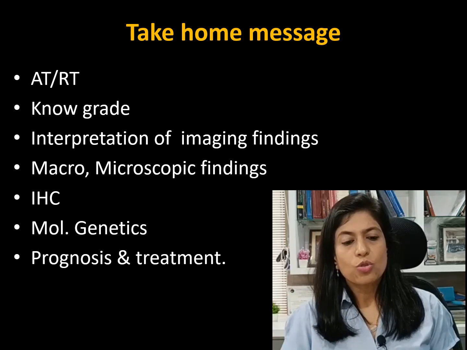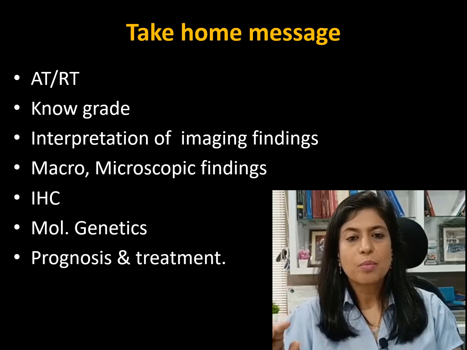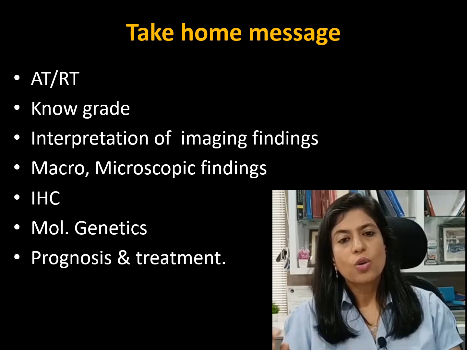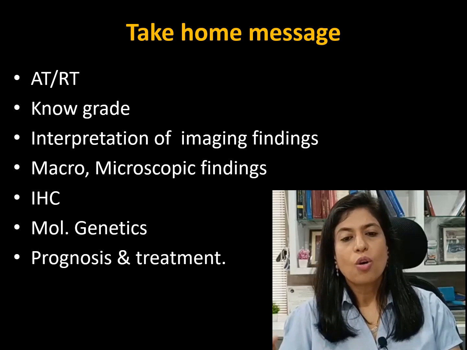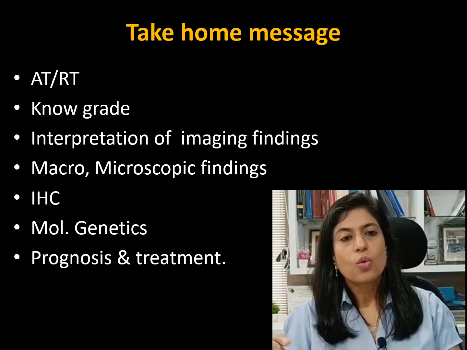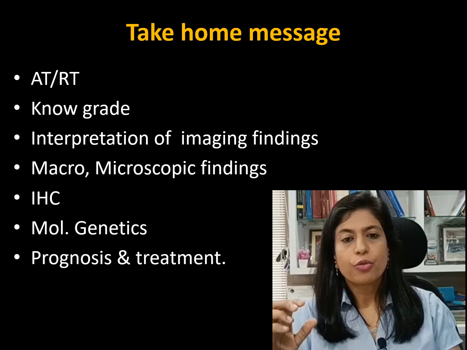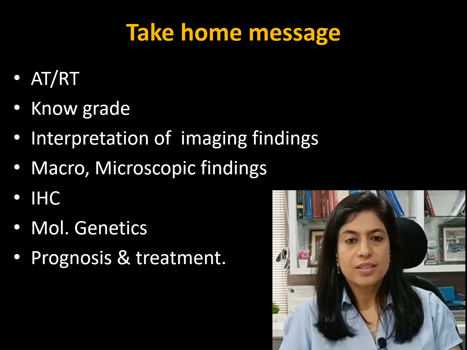Coming to the macroscopic findings, these appear as pinkish red masses. These may be soft to firm depending on the amount of the mesenchymal component present, and often there are areas of necrosis and hemorrhages. Now coming to microscopy, the tumor is composed of primitive cells with a variable number of rhabdoid cells.